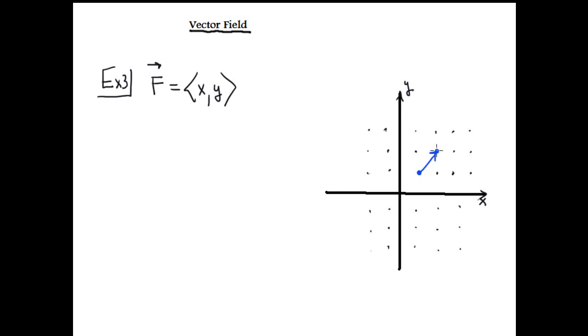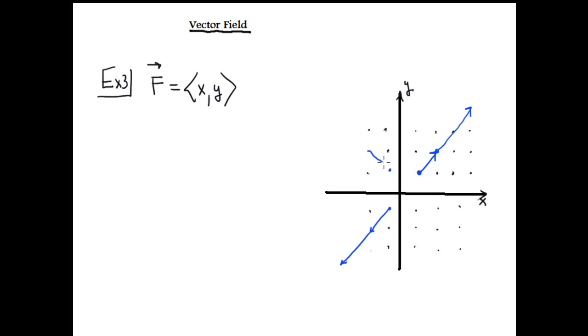Suppose this is 2, 2, then something like that. It's completely radial, so in the opposite direction it's like that.